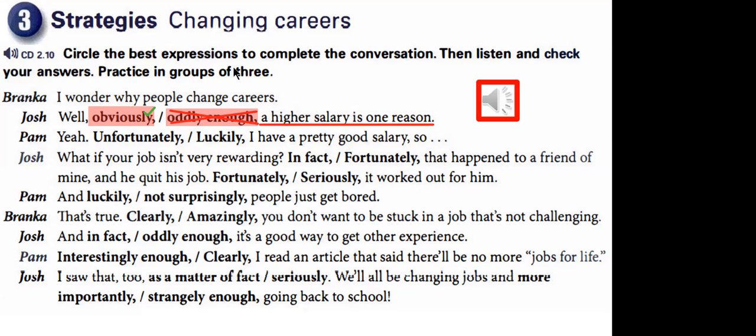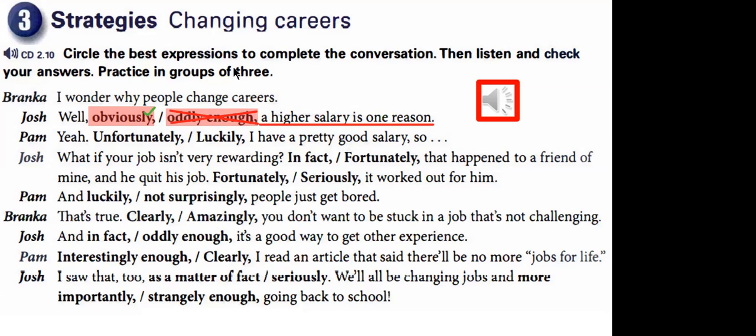Okay. Does someone have another or different answer? No, I had the same answer. Okay. Does someone want to read another conversation? And not surprisingly, people just get bored.